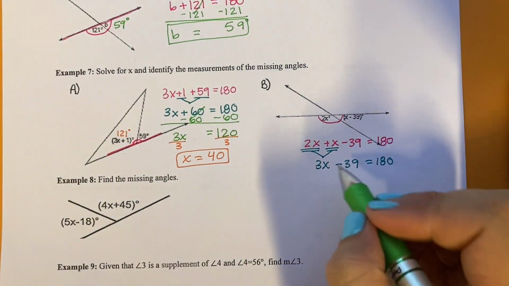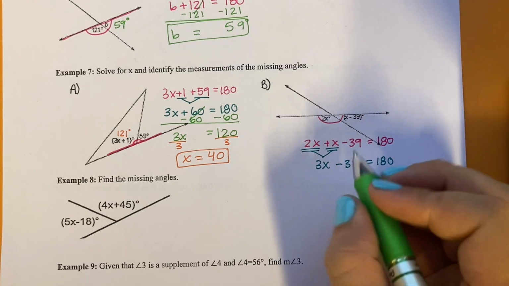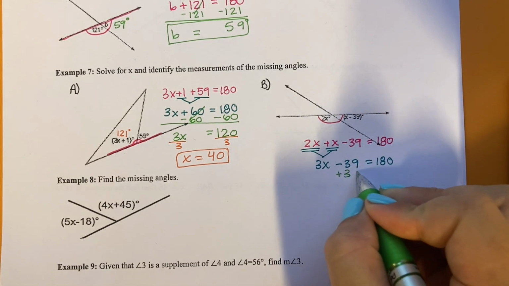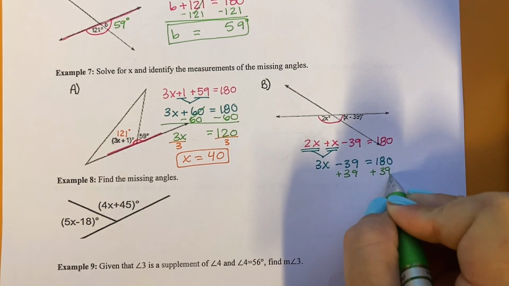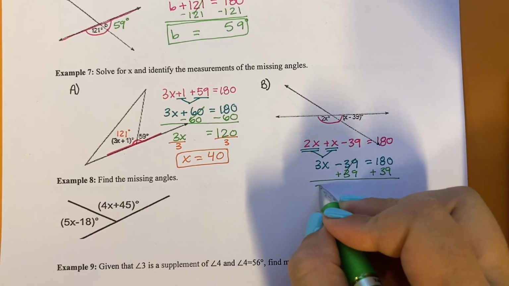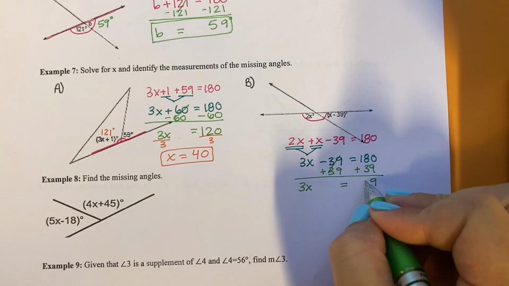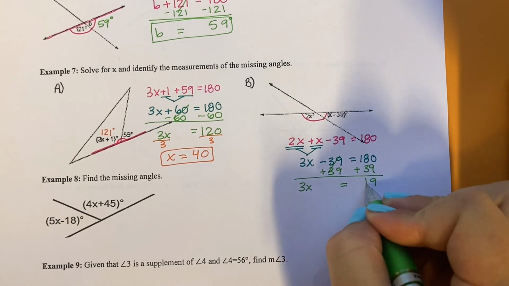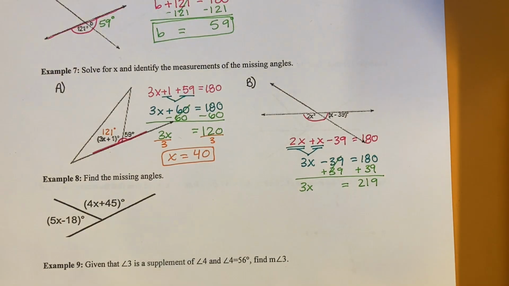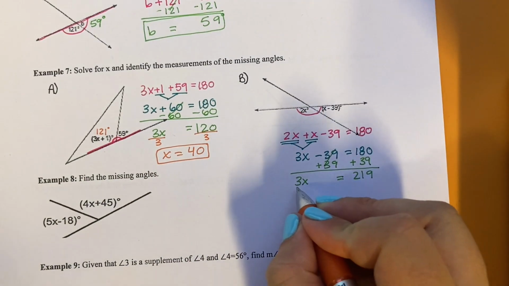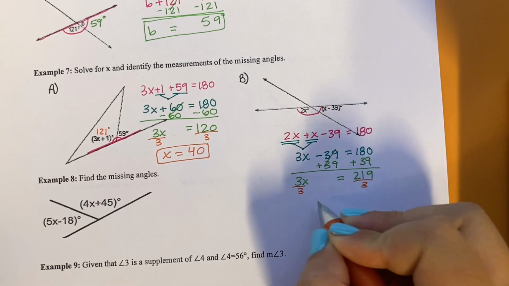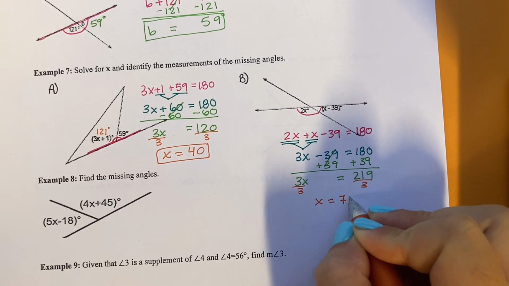We are then going to, instead of subtracting 39, we're going to add 39. 3x equals 219. And then we are going to divide by 3. And x is equal to 73.